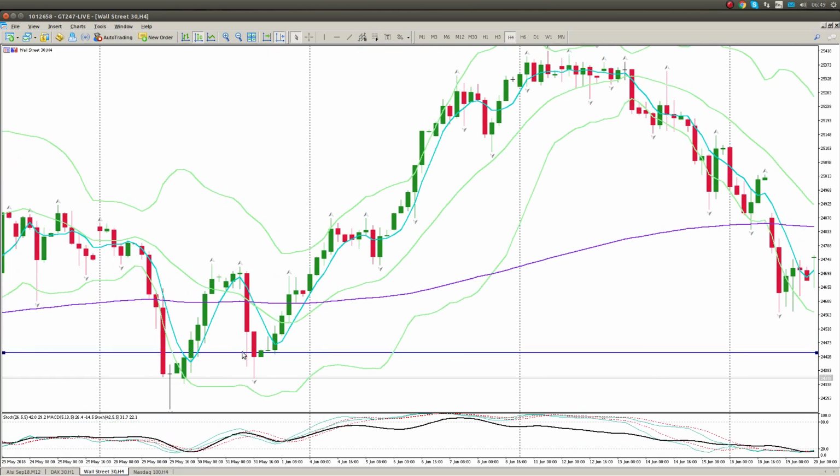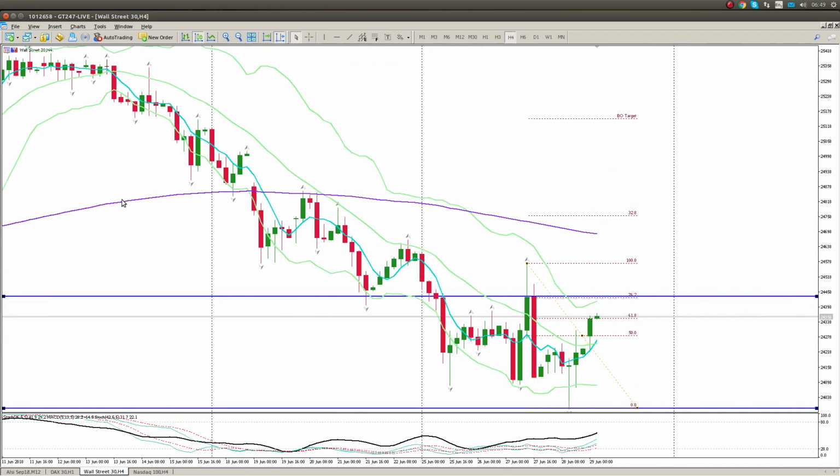Same scenario here: broke through, retraced, broke through a second time, and then moved. So we've had a breakthrough, we've come back down, and it's the second time we're breaking through the 20. That's the play I'm looking for at the moment.